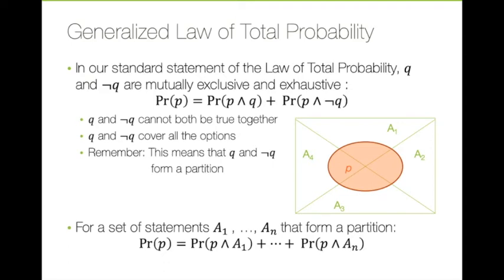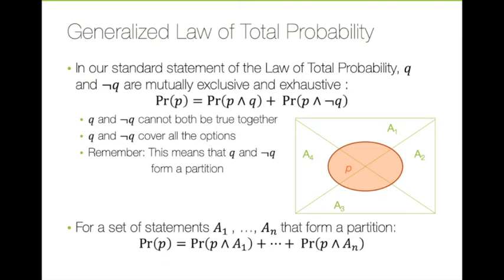Remember, that's the definition of a partition. It's a mutually exclusive and exhaustive set of sentences that carves up all the possibilities. So Q and not Q, they divide all the possibilities up into two categories.